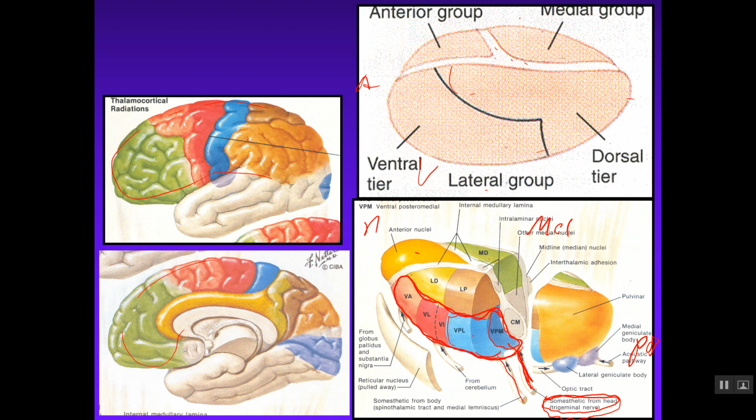The VPL is getting it from the body, from all the sensory tracts, medial lemniscus, spinal lemniscus, all come up there to deliver body sensation before it relays up to the cortex. You'll see this light blue color is associated with this region, which is more of your body sensation, and this darker blue VPM is going to this area, which is where your face is located in the homunculus.